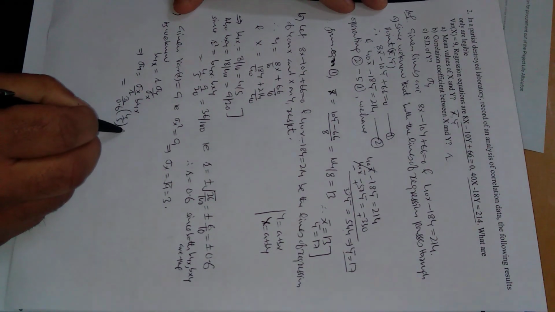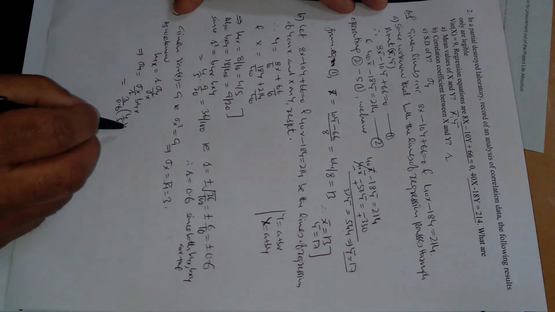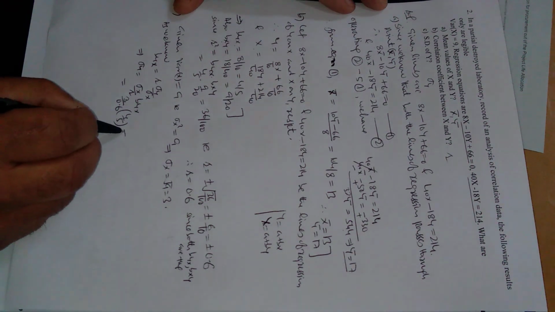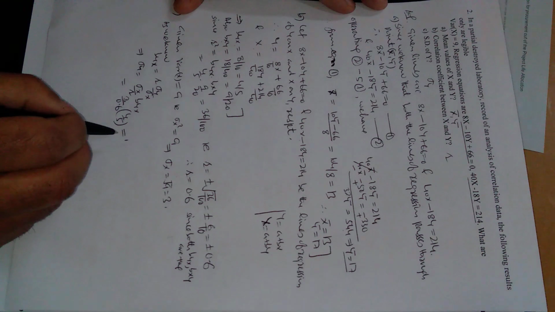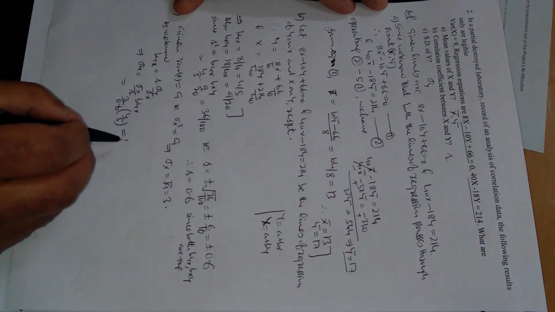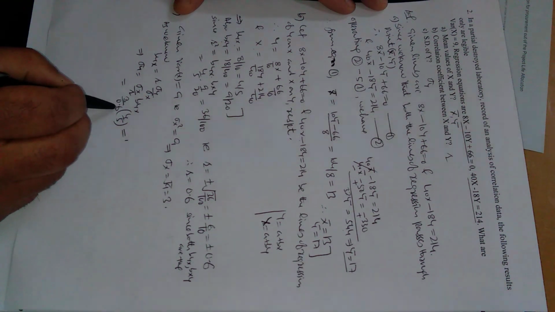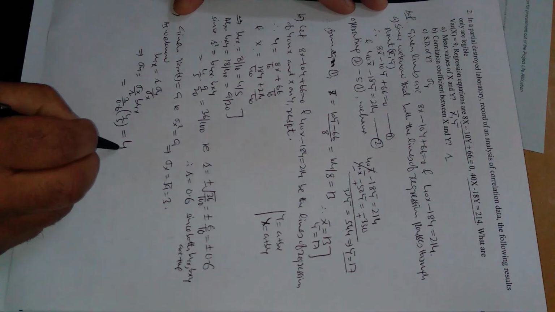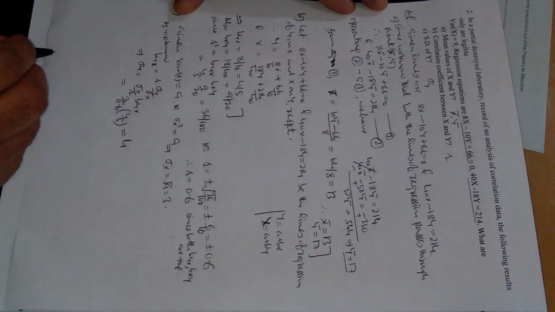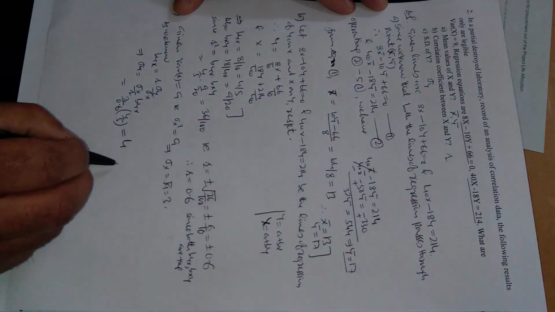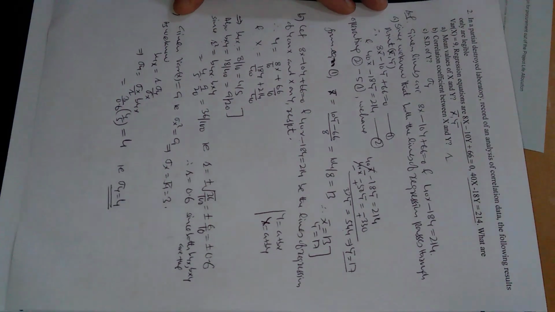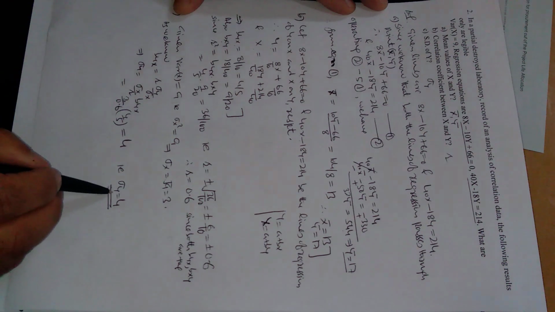Now simplify this, which on simplification will give us 4. This is exactly equal to 4. We have to find the standard deviation with respect to y, that is sigma y is equal to 4.